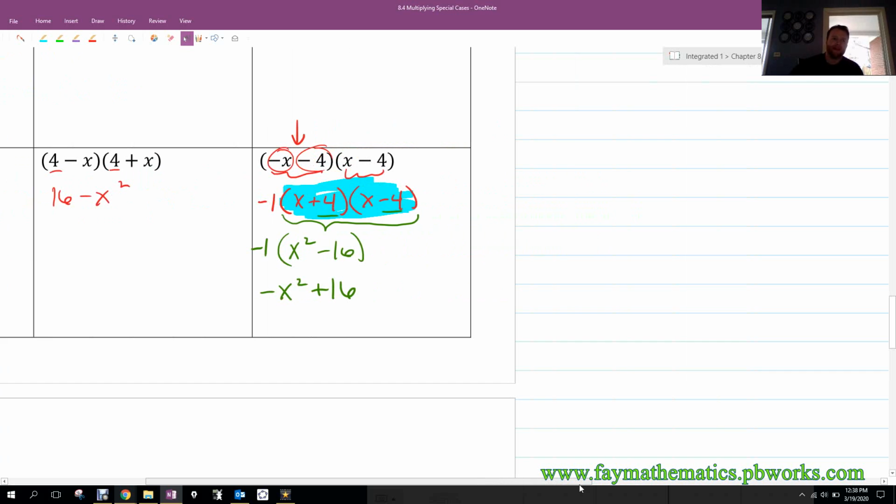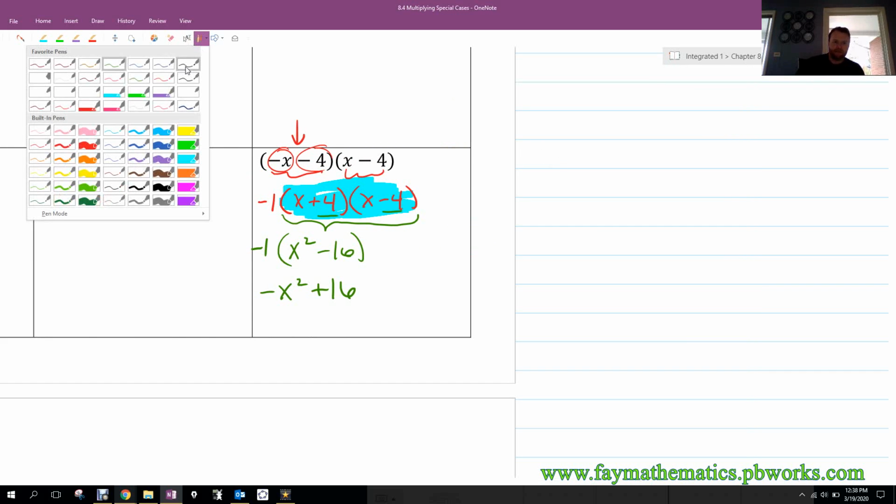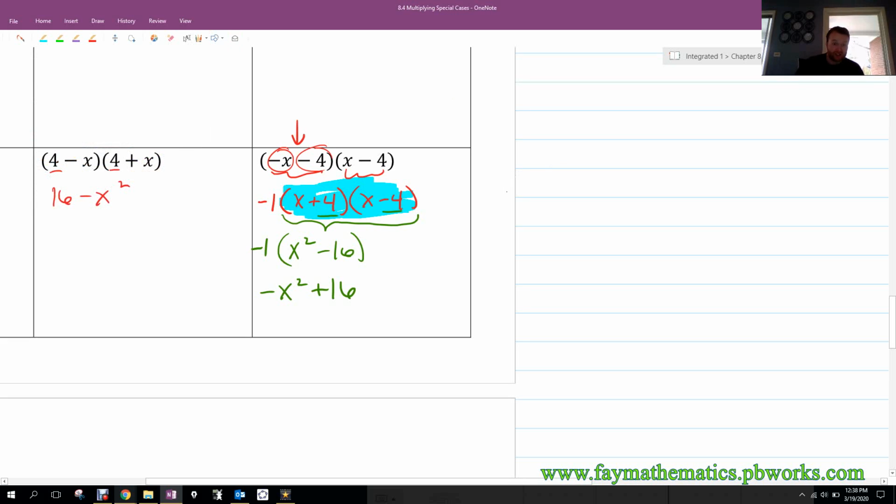Now, if you can't see that, which is fine, I've got a lot of advanced juniors and seniors that still don't do it that way when they see something like that. They still say, well, I'll take negative x minus 4 and x minus 4 and just FOIL it directly. So negative x times x, they get a negative x squared.